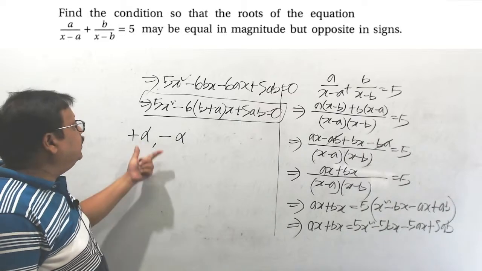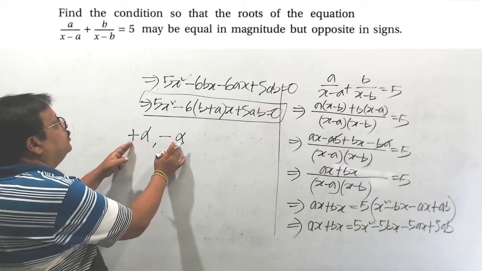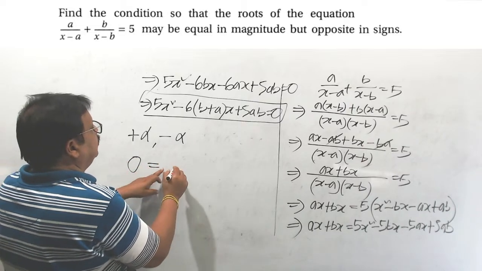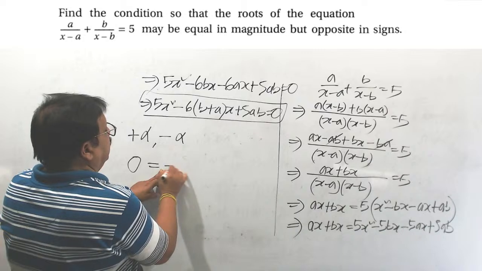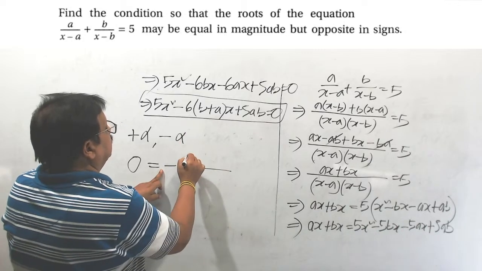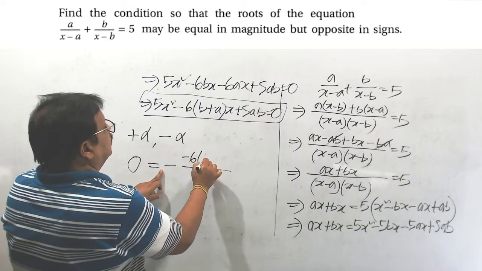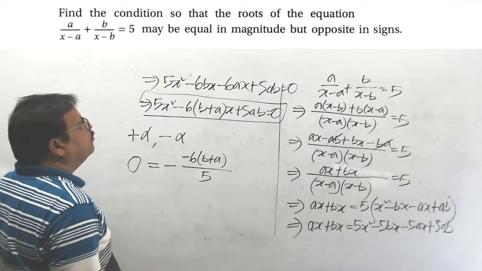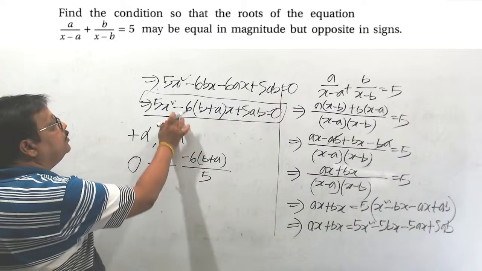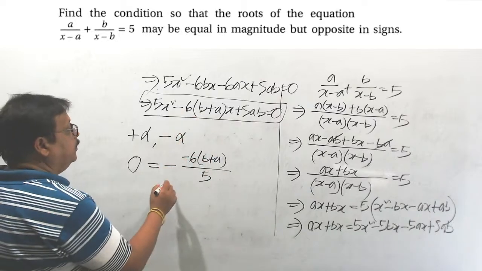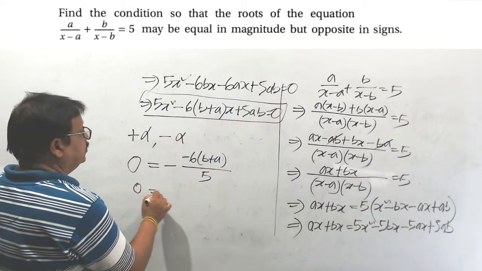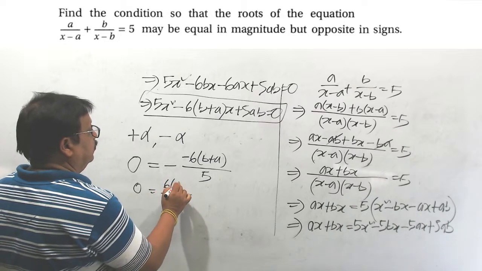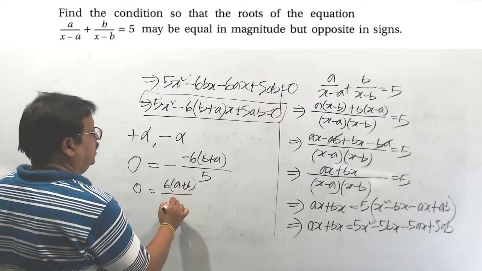Okay. So what will be the sum? Sum of these roots, of course, will be 0. What is the formula? Sum of the roots equal to minus b by a. Again, minus b is 6 into a plus b, by 5. Understood? 0 equals to 6 into a plus b by 5.